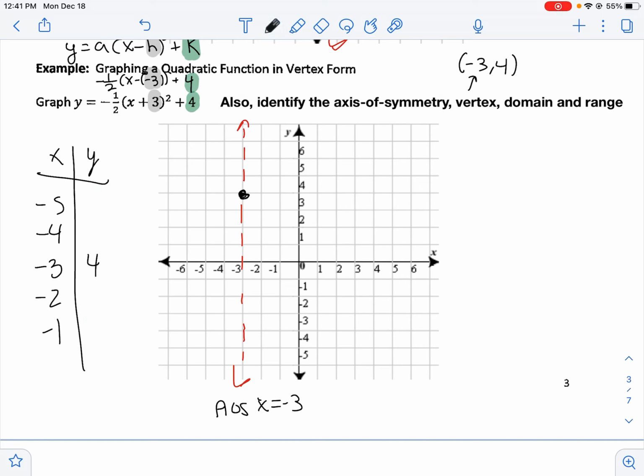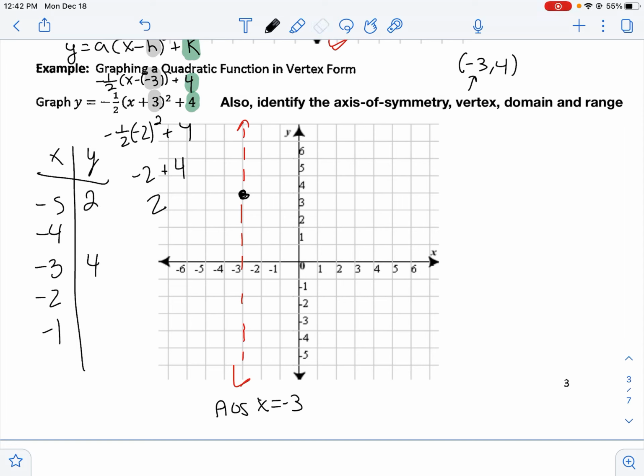Remember that? All right, so I'm going to plug in a negative 5 there, so you get negative 5 plus 3 is negative 2. That's that squared, and you take the negative 1/2 of that, add 4. So negative 2 squared is 4. Times negative 1/2 is negative 2 plus 4. So that's going to be 2.